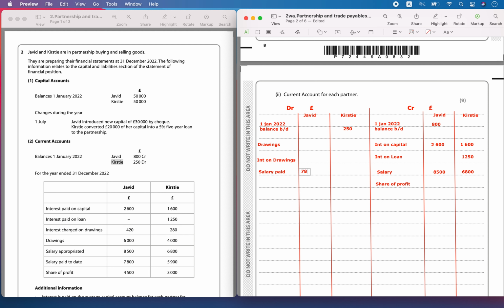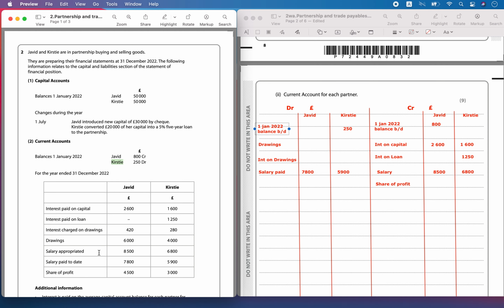and 5,900. So these are the actual salaries that were paid. This was supposed to be paid by the business, but they have only got this much.